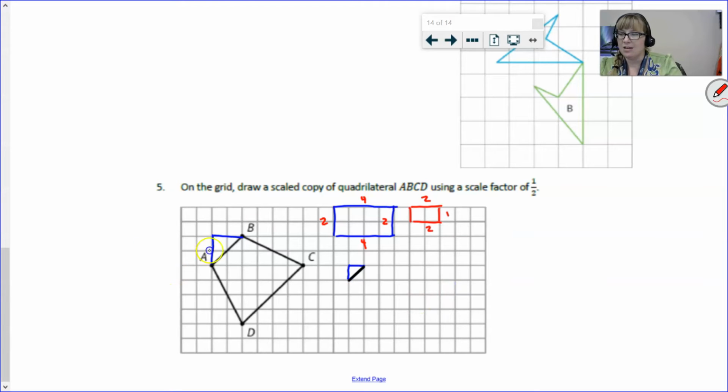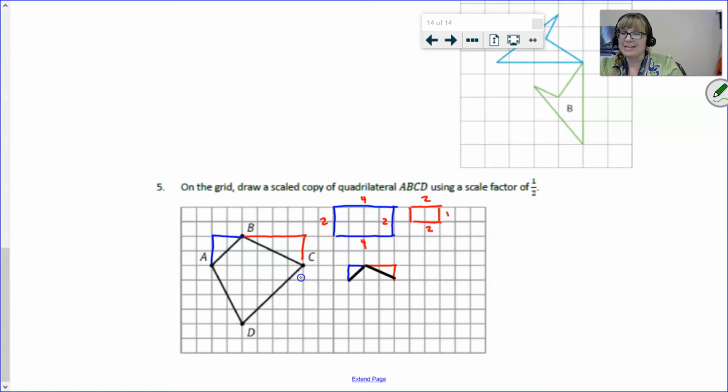And diagonal BC goes over 4 and down 2. So in the scale copy of half, going over 4 means that half of that I'm only going to go over 2. We went down 2, half of that means I'm going to be going down 1. There's that diagonal, BC.